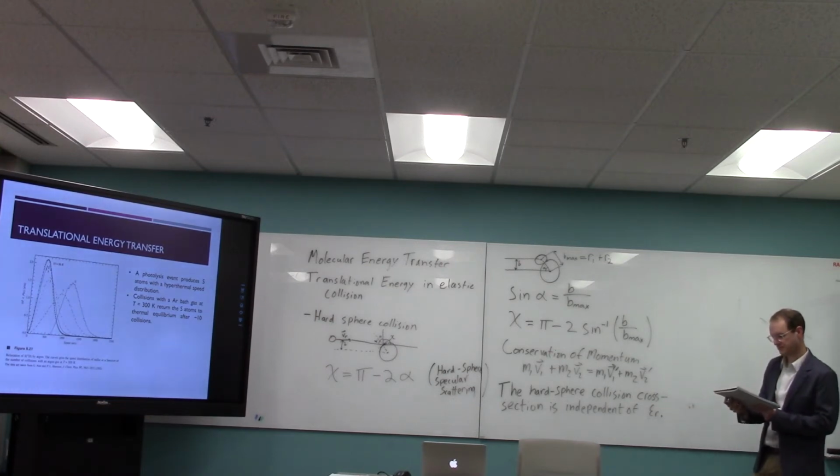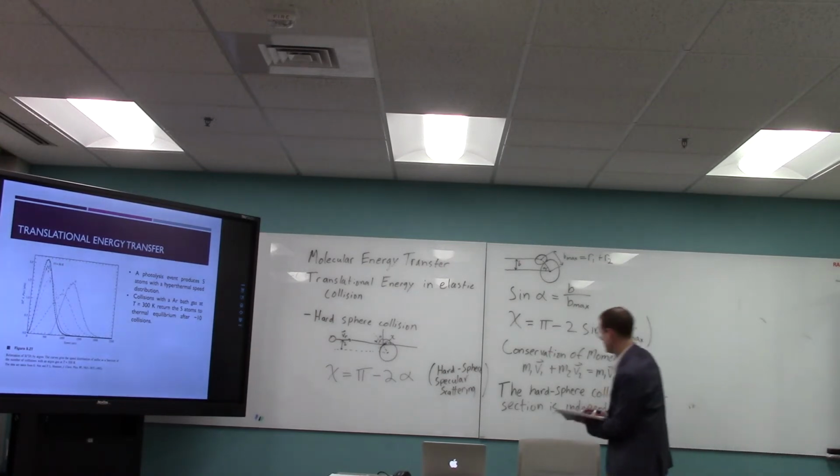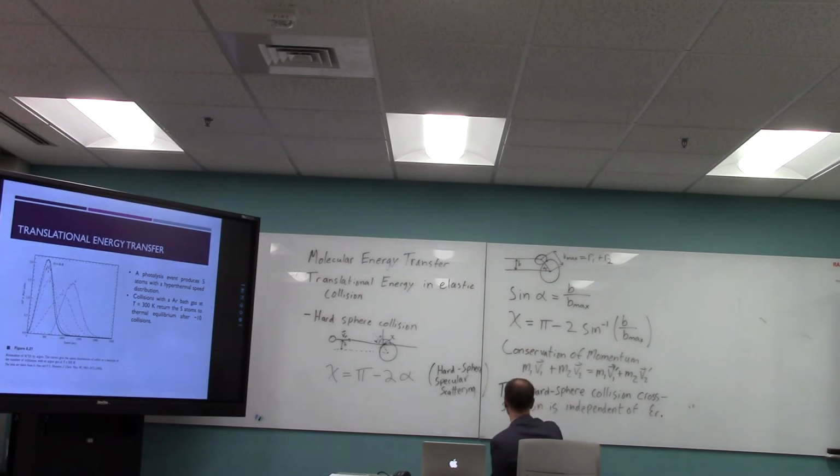And in general, the hard sphere cross-section, as we've discussed before, is just pi times b max squared.